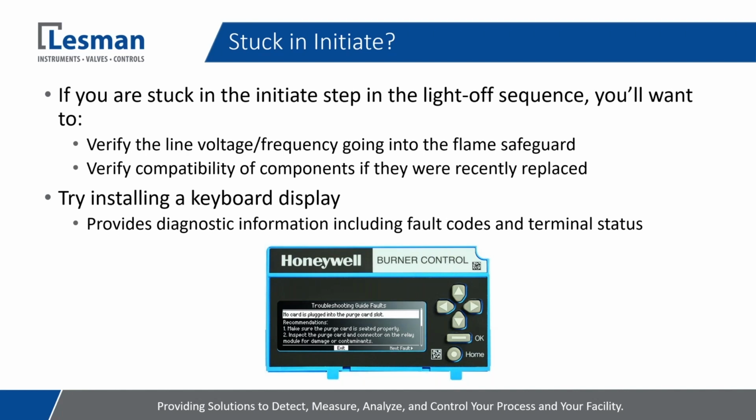And again, if you are stuck in this initiate step, we'll just want to go through with a voltmeter and verify that you've got the proper power for that model of flame safeguard, and also the compatibility of the components.